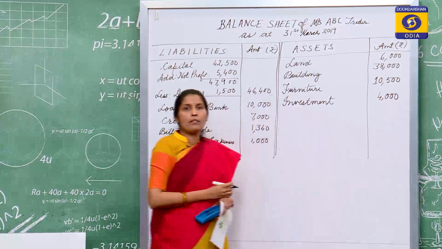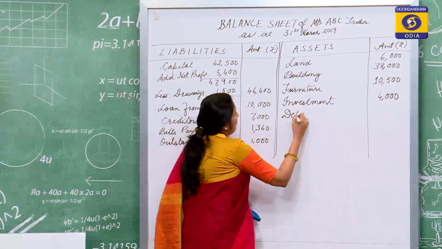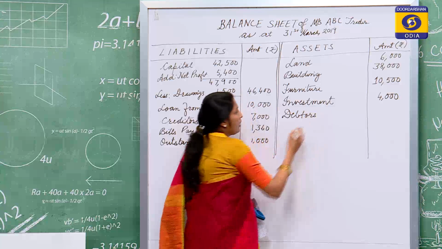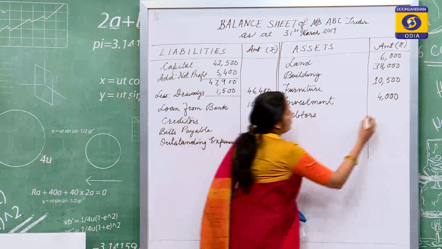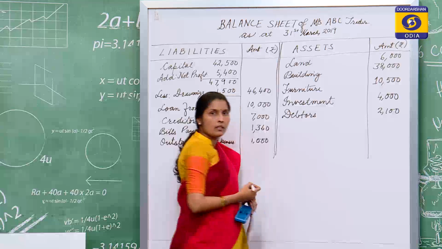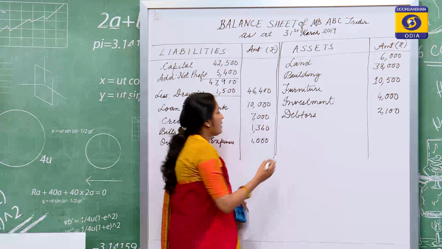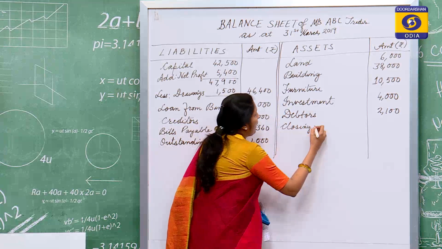Next item we have is debtors. The amount of debtors given to us in the question is 2,100. Next item, closing stock. As you can see, the closing stock was given to you below the extract of the trial balance.